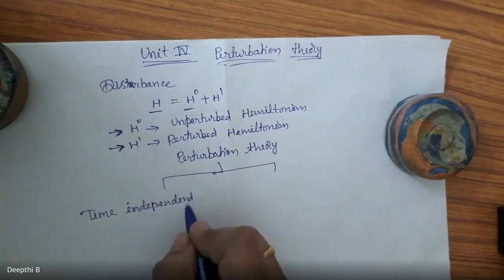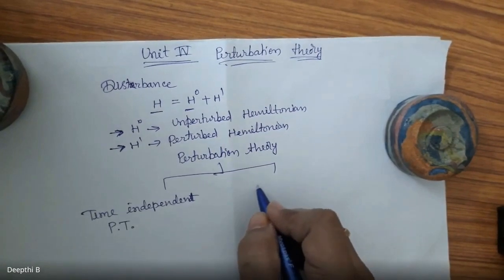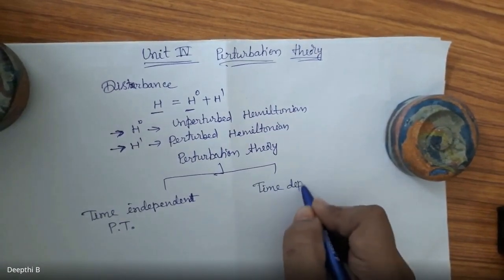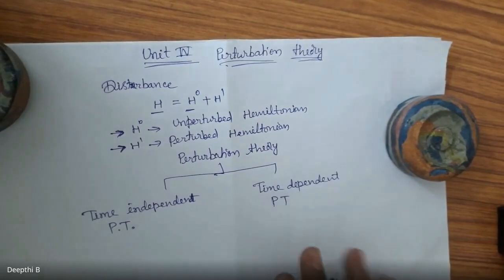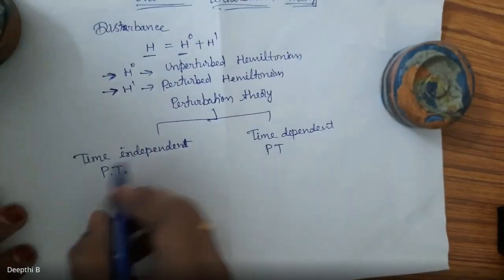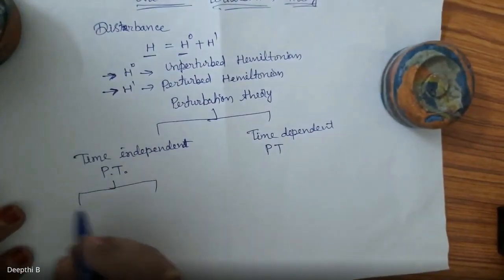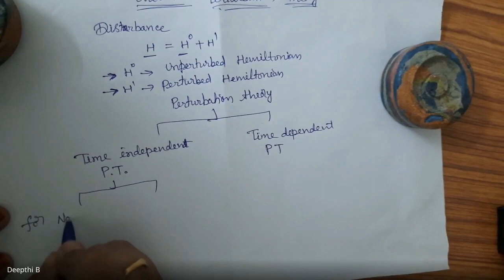The second one is time dependent perturbation theory. Now, time independent perturbation theory again has two types. One is perturbation theory for non-degenerate system.